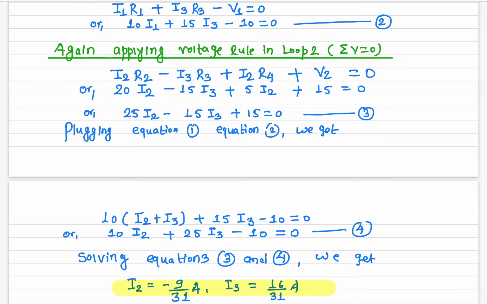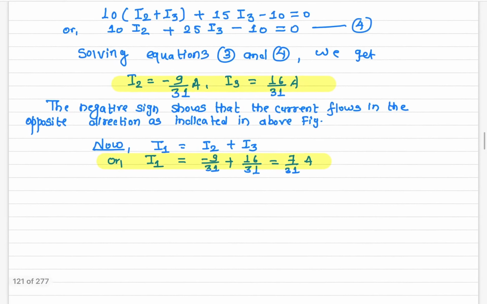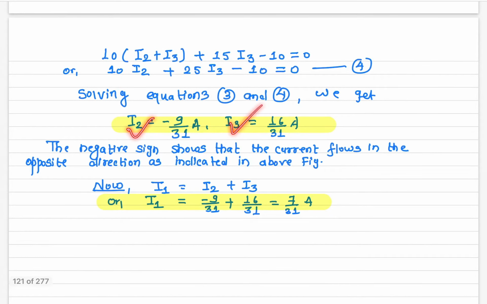So now, if you look at equation 3 and equation 4, I have only I2 and I3 as my variables. If you have a calculator, you should be able to solve simultaneous equations. If you solve using the equations, that will give you the values of I2 and I3.